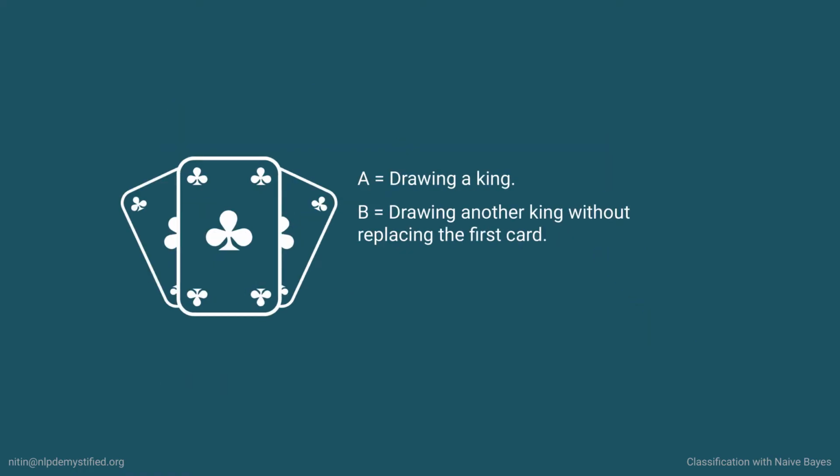Say you have a deck of cards and you want to know the probability of drawing 2 king cards in a row without replacement. A is the event of drawing a king, and B is the event of drawing another king without replacing the first card. So once again, we have the probability of A and B being the probability of A times the probability of B given A. The probability of A is 4/52, but unlike our coin toss example, drawing cards without replacement are not independent events.